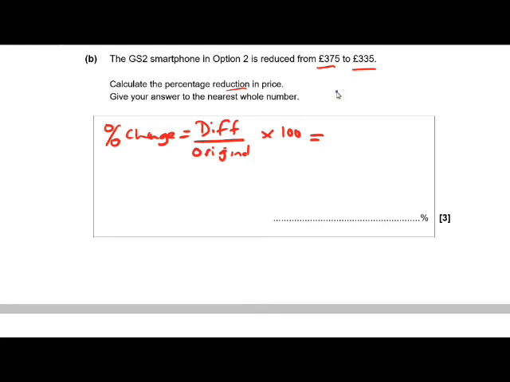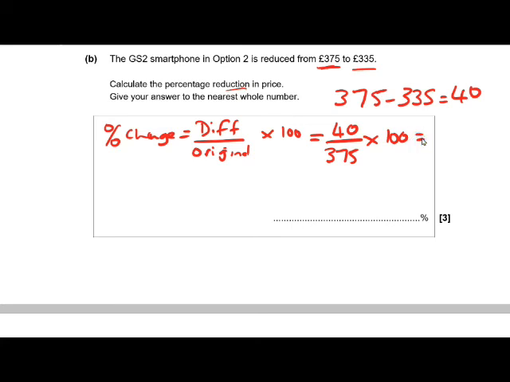The difference in price is 375 minus 335. Do it on your calculator so you don't make any mistakes. That's £40 difference. So the difference is 40. The original price is 375, and then we need to multiply that by 100 to get our percentage.